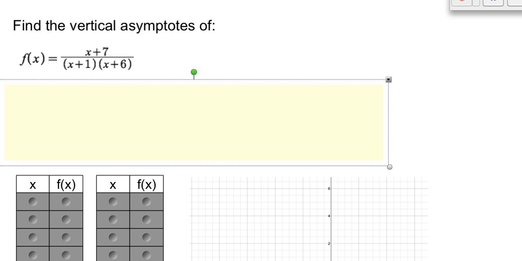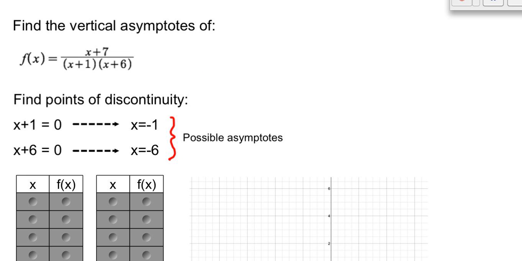Okay, so let's do a practice problem here. Find the vertical asymptotes of that function. Hopefully you recognize that there are 2 points of discontinuity there, because there are 2 ways to make the denominator equal to 0. If x plus 1 is equal to 0, then 0 times x plus 6 will be 0. No good.